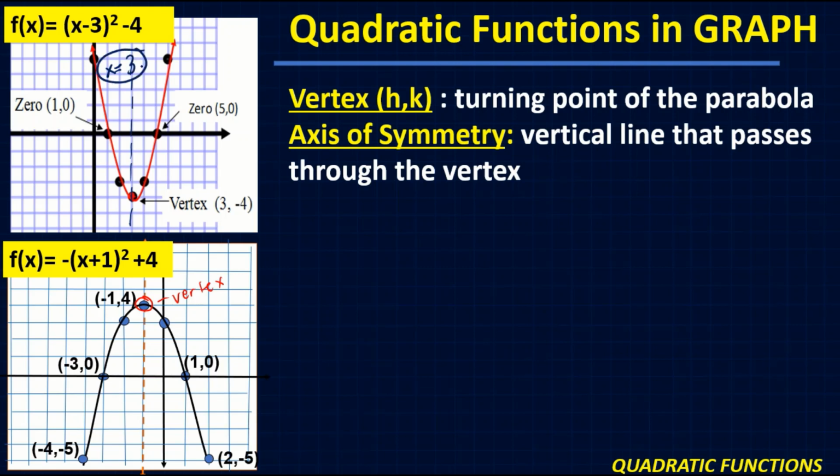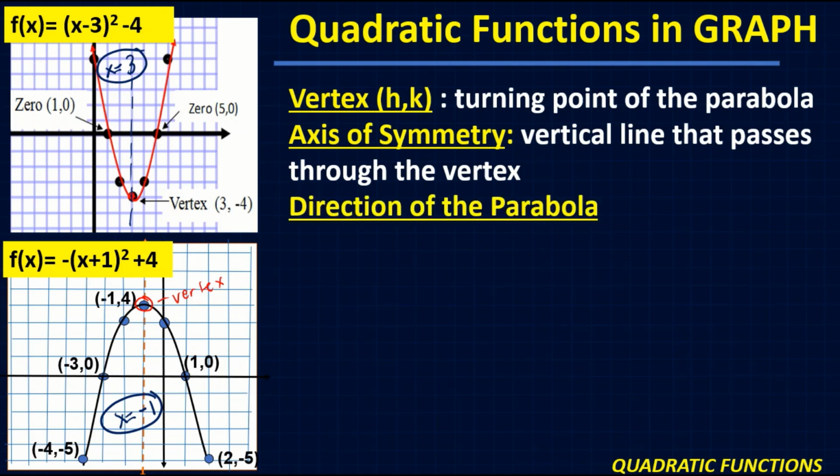X is equal to 3, that is the equation of the axis of symmetry for the first graph. In the second graph, the axis of symmetry here, x is equal to, since yung line natin ay nag-intersect sa negative 1 ng x-axis, so the equation of the axis of symmetry is x is equal to negative 1.